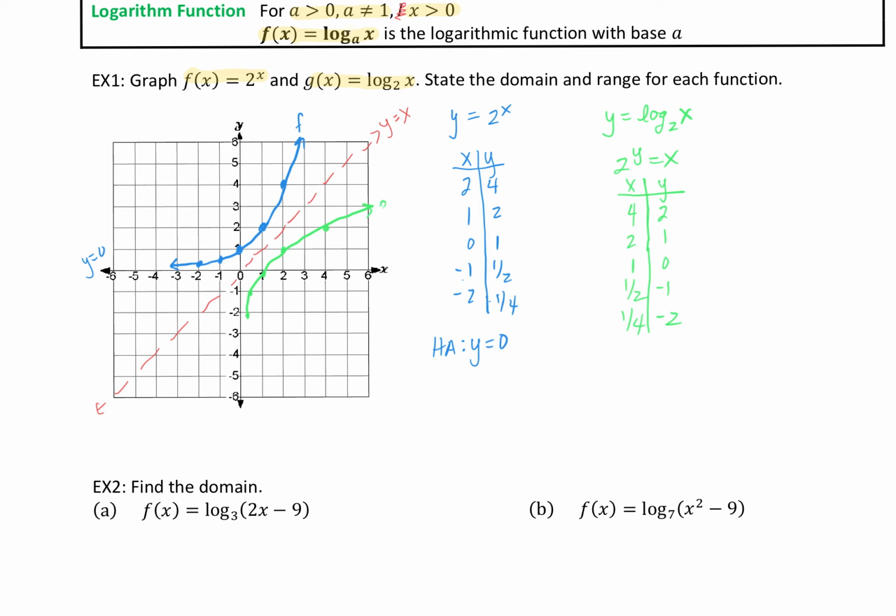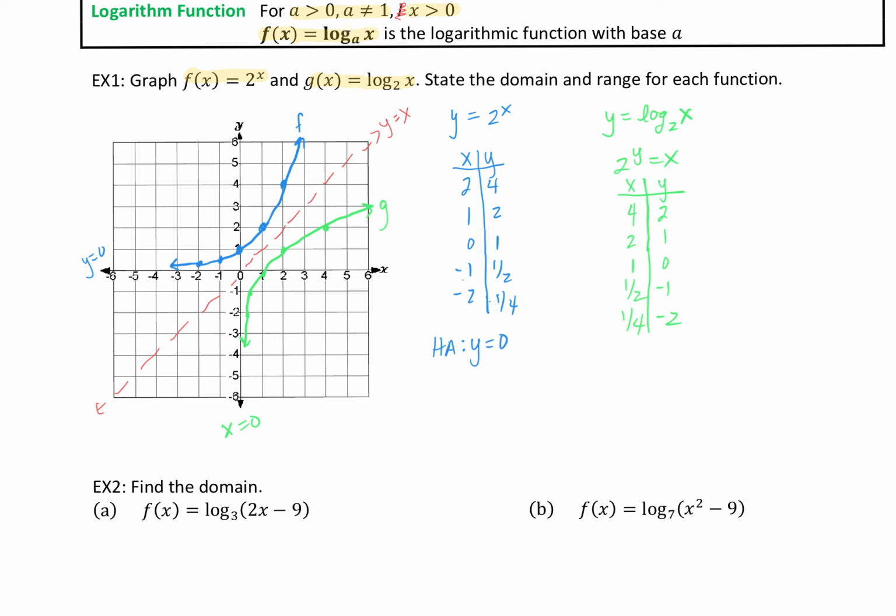And it looks like it reflects across that axis of symmetry y equal to x. So something to note is that my function g has a vertical asymptote of x equal to 0.